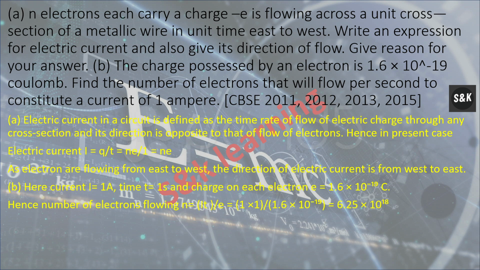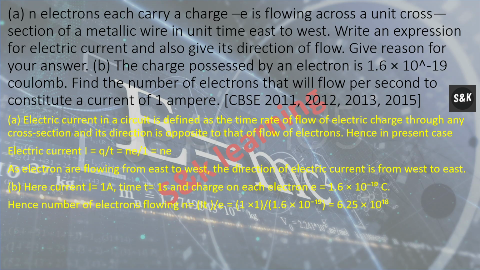Hence, in the present case, electric current I equals Q by t equals Ne upon 1. As electrons are flowing from east to west, the direction of electric current is from west to east.